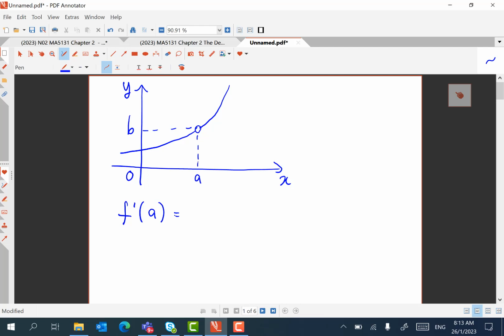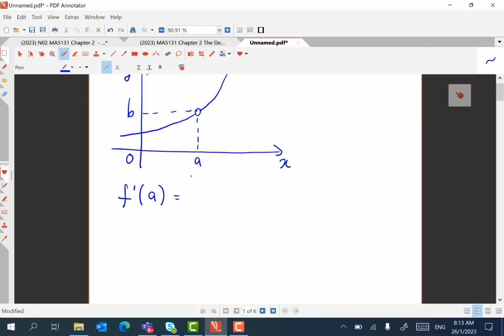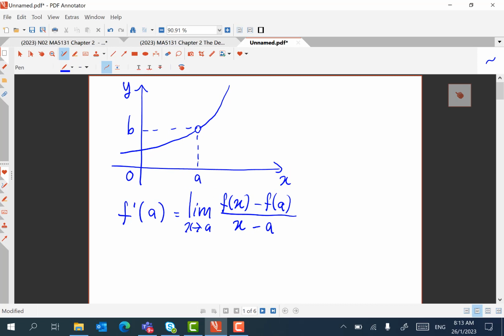Okay, let me hear from you. What's the definition of f prime a? The limit, what? Limit when x goes towards a of f of x minus. Okay, Chen Hui, but because f of a is not defined, you can't.